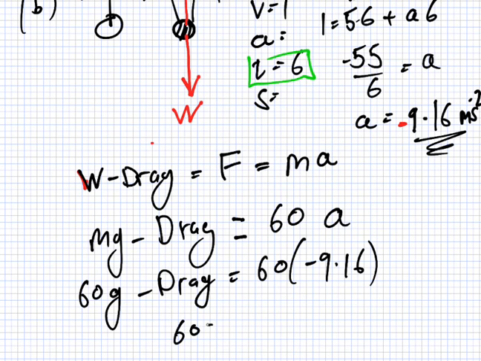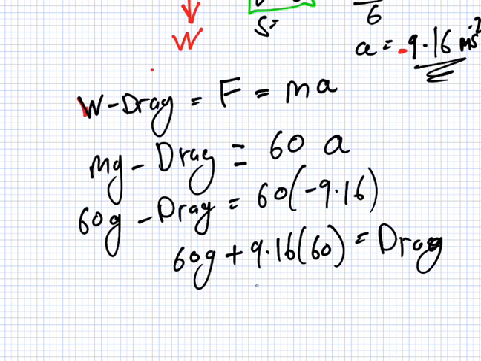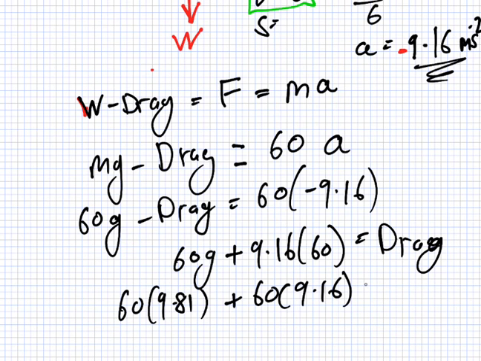So 60g plus 9.16 times 60 equals the drag. So I have 60 times 9.81 plus 60 times 9.16, that equals the drag.